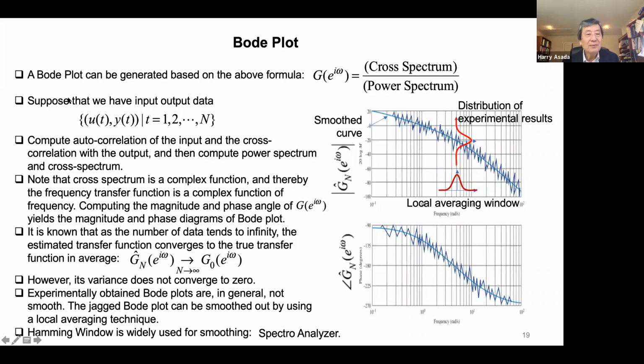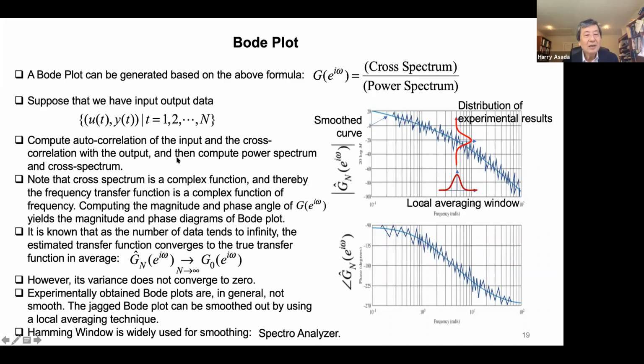So suppose you are given the time sequence experimental data u(t) and y(t), t going from 1 to N. First, compute the autocorrelation of the input and the cross correlation with the input. So first, the correlations are to be computed.